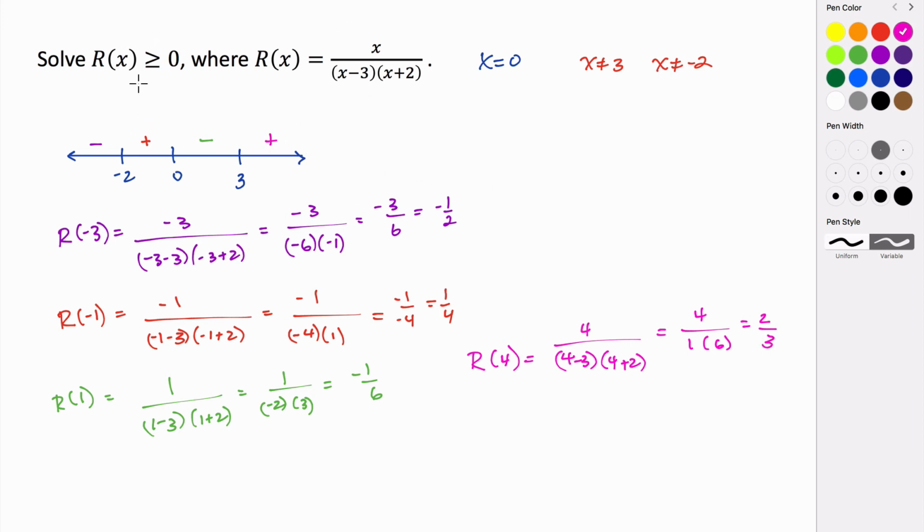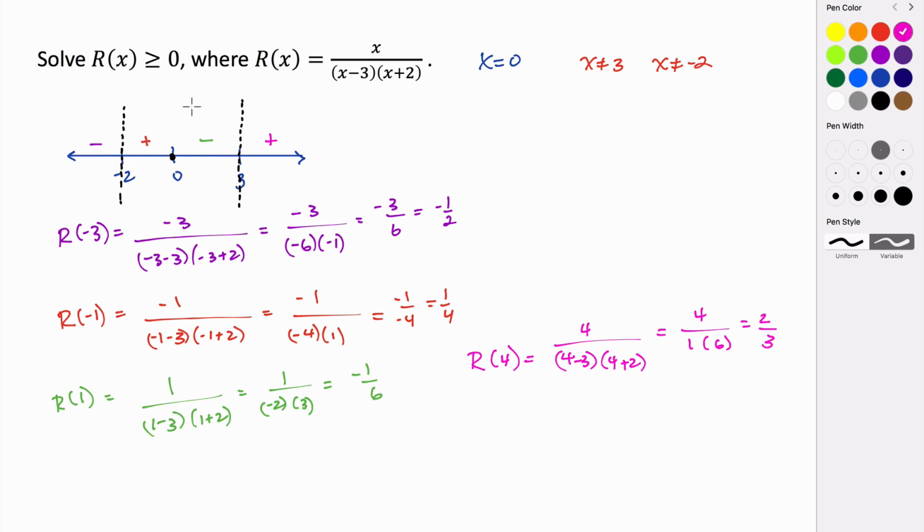So we want to know where our graph is positive and where it is 0. If you recall, we have a vertical asymptote at negative 2, a 0 at x equals 0, and another vertical asymptote at 3. On the interval in between the vertical asymptote and the x-intercept, it's positive.